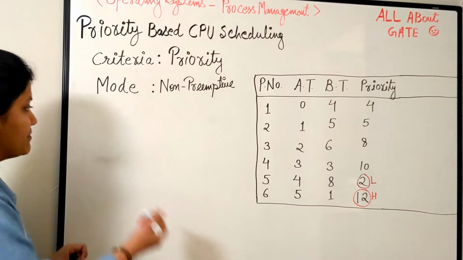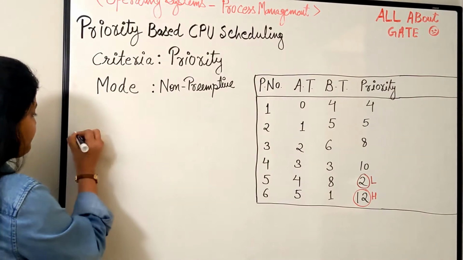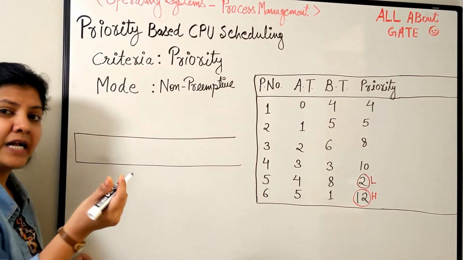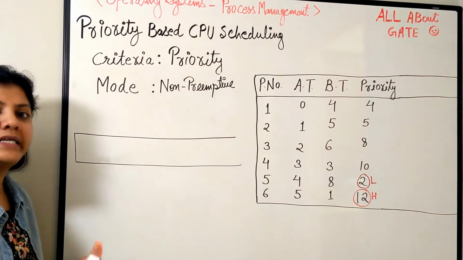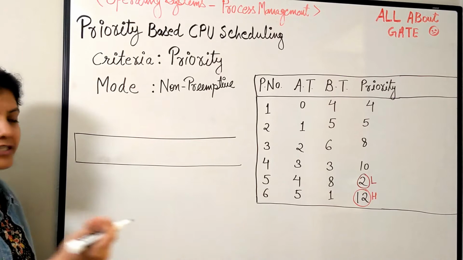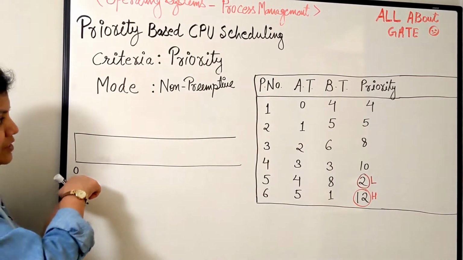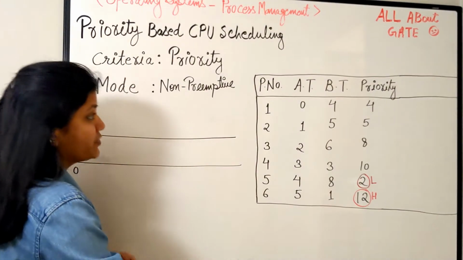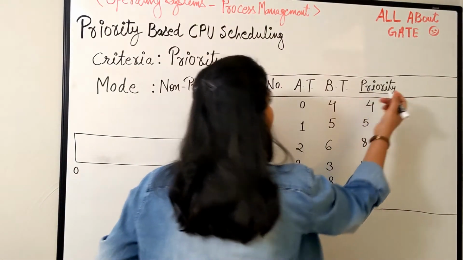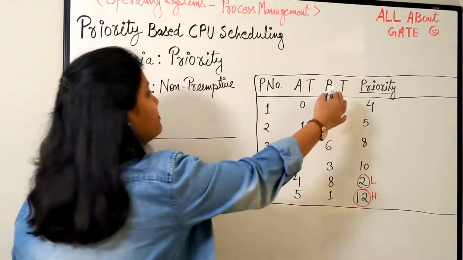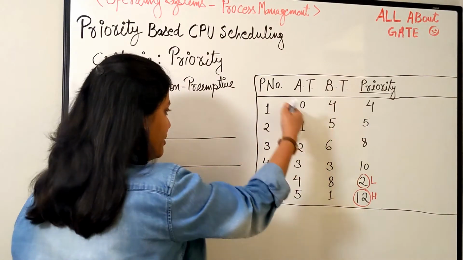Because it is the non-preemptive mode, once a process is scheduled, it will finish completely and only then will we select the next process. So let's see the Gantt chart on the CPU at time 0. Here we have one extra value, so you always have to be careful that you don't mix the priority with any of the other numbers.